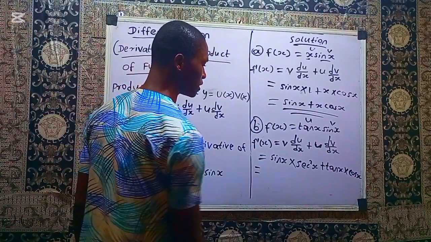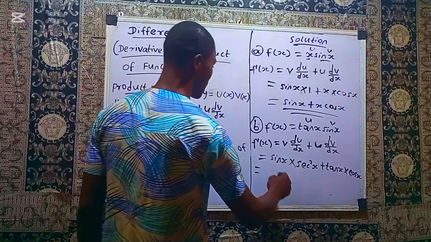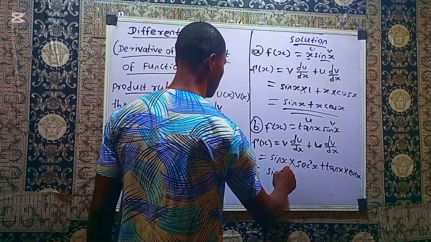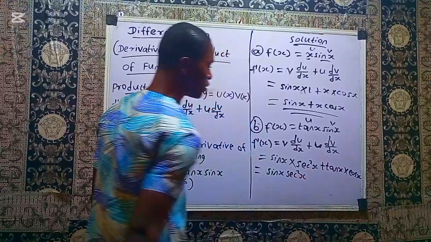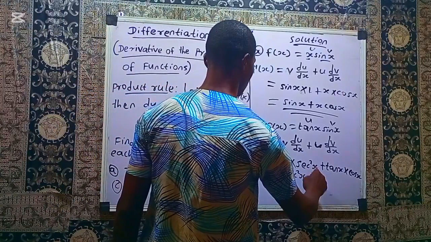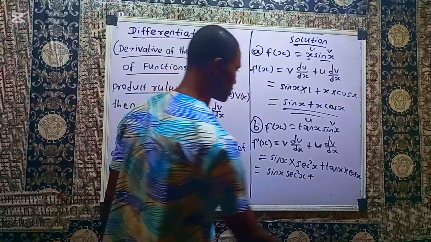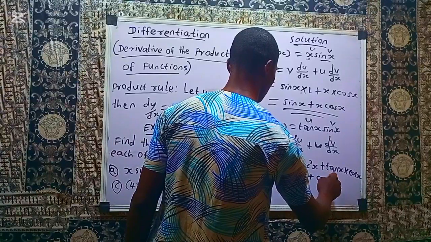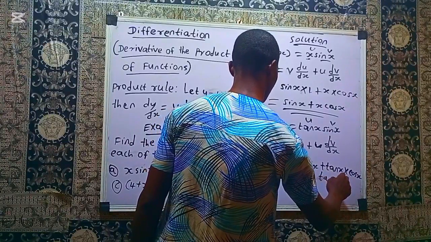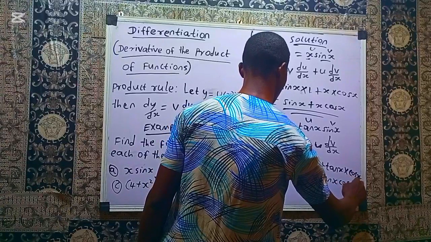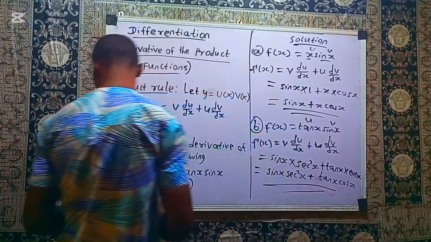Then simplifying further, I'll have sine multiply sec, I can write it short as sine x sec squared x. So plus tan multiply cos, so I can write it in short form as tan x cos x. So this gives me the derivative of this function.